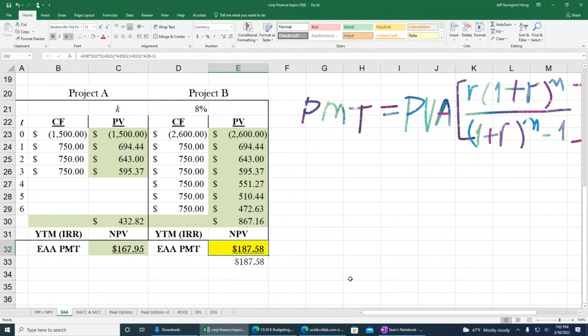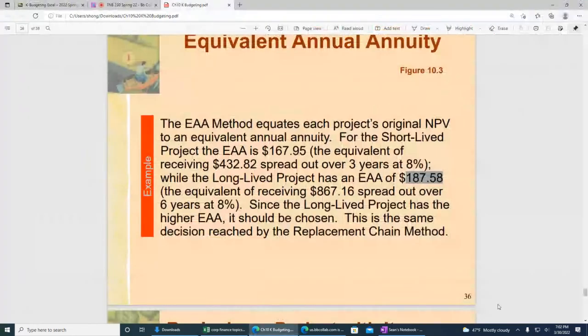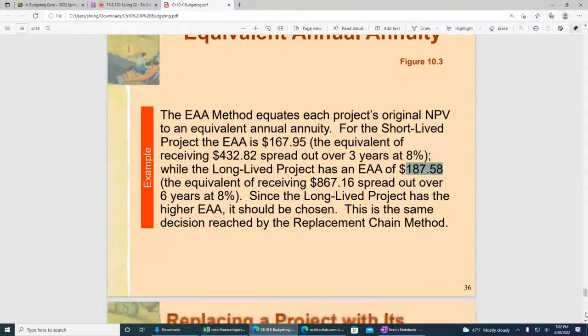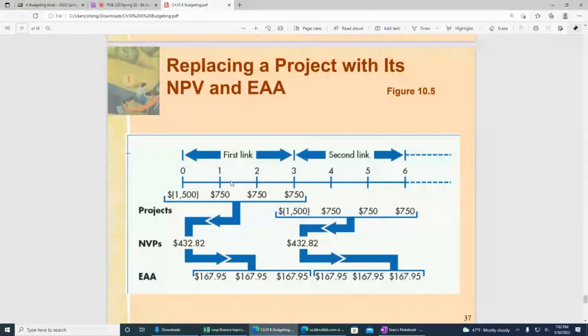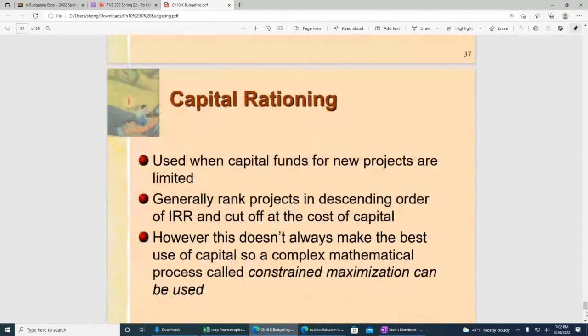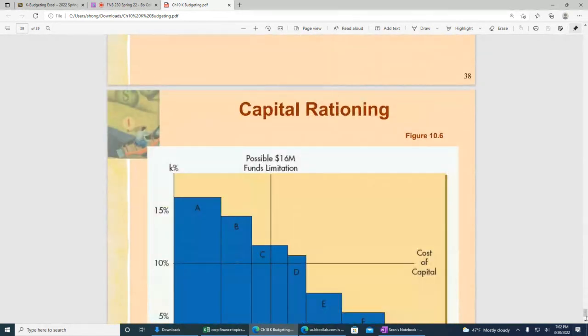Unless you want to become just a meaningless data puncher, then you better use the algebra. So that brings us to the conclusion of this topic. This is the graphic representation of the replacement method, and the next thing is capital rationing.